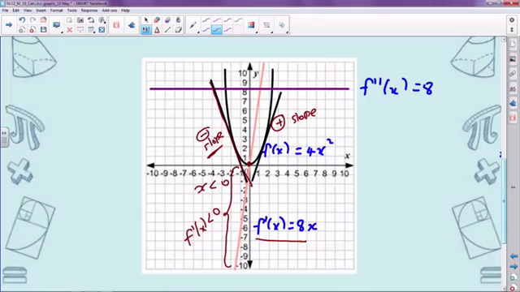All right, so up to the point 0, when x is less than 0, we see that our first derivative is negative. To the right of 0, look what happens. Here we can see that our function in orange, your derivative function, is above the x-axis. When it's above the x-axis, you know all your y values are positive.